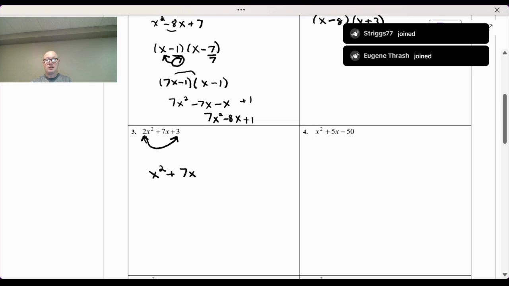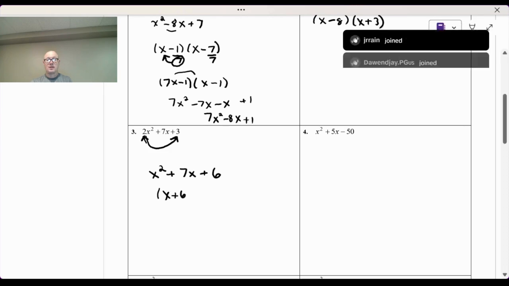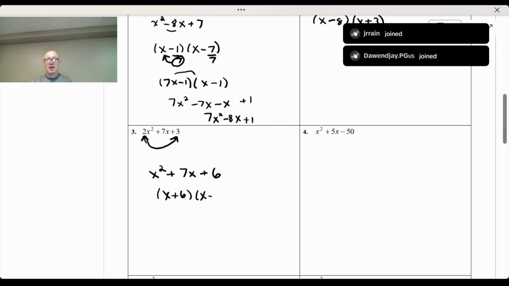So we slid that 2 over to the 3 by multiplying. Then we get x squared plus 7x plus 6. Now I'm going to factor this like I would normally. 6 is 6 times 1 because we need the middle term to be 7. So this would be x plus 6 times x plus 1.